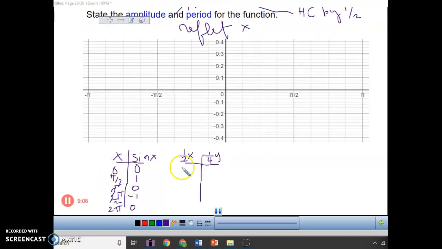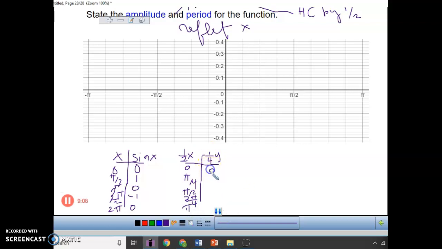So all I have to do now is take these values and run them through these formulas and then graph it. So 1/2 times 0 is 0, 1/2 times pi over 2 is pi over 4, 1/2 times pi is pi over 2, we have 3 pi over 4, and pi.